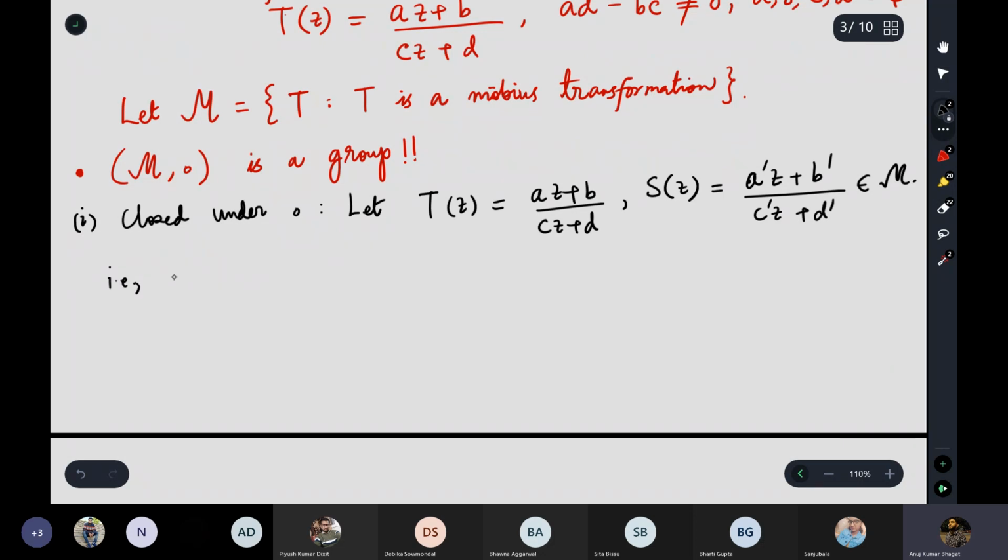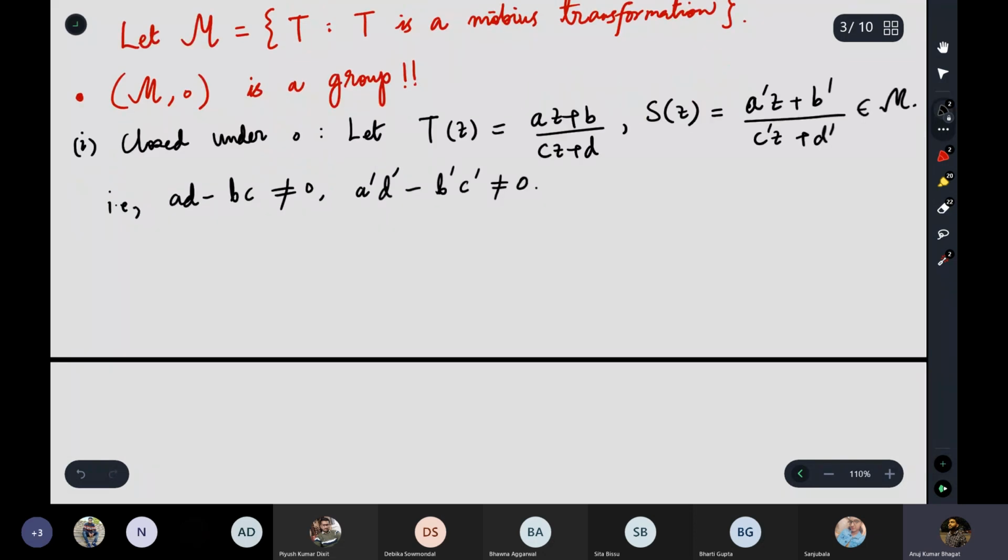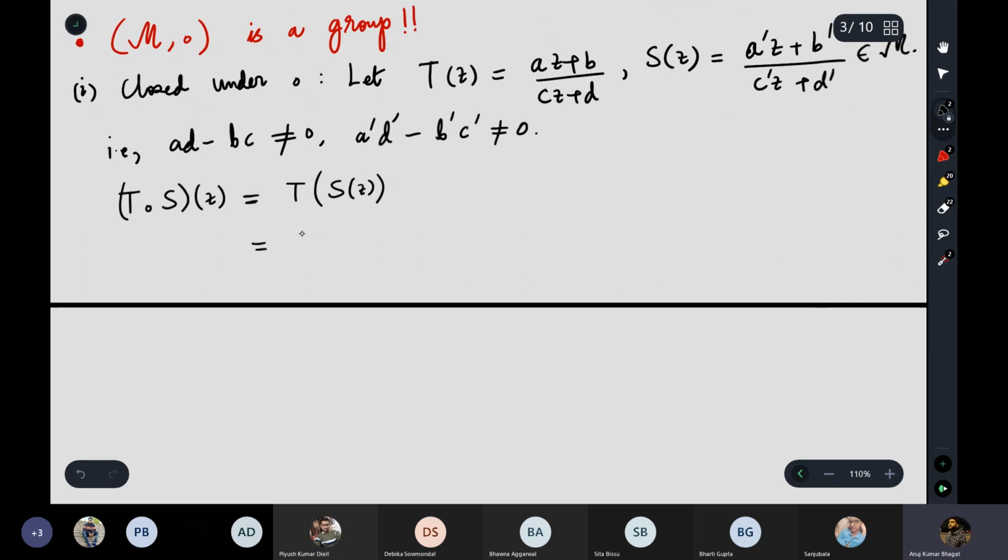What I know is that ad minus bc is not 0 and a'd' minus b'c' is not 0. I will first find the composition, T composition S at z, or you can also find S composition T. So T of S(z). What is T of S(z)?